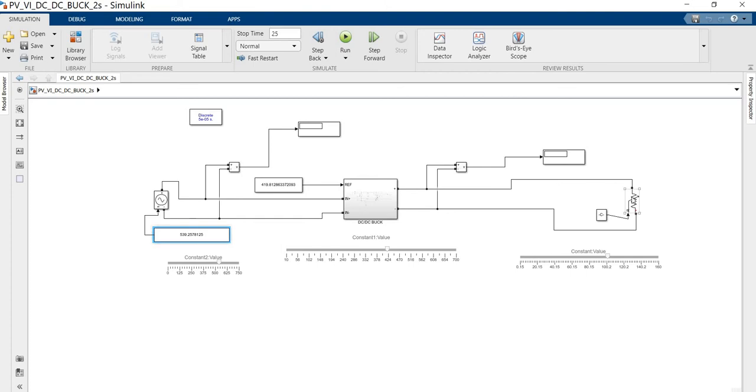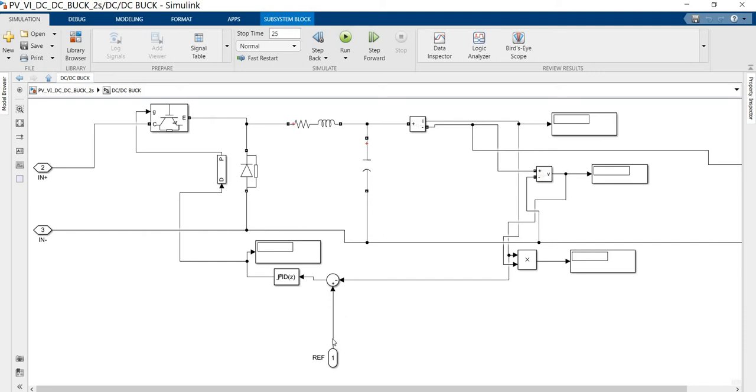The output is connected to a variable resistance, varied from 0.15 ohm to 160 ohm. This is the set point for the buck voltage. Here we are going to see the buck converter.